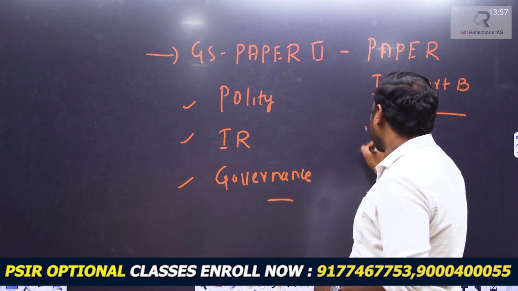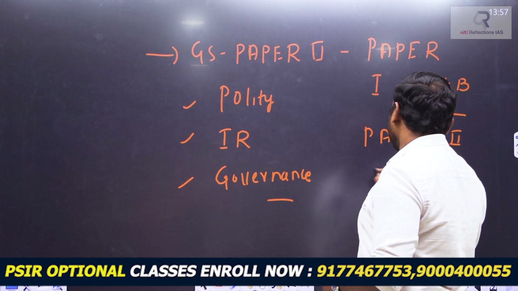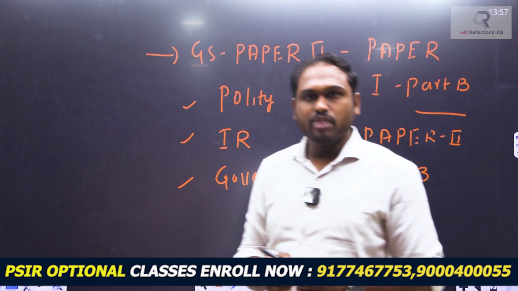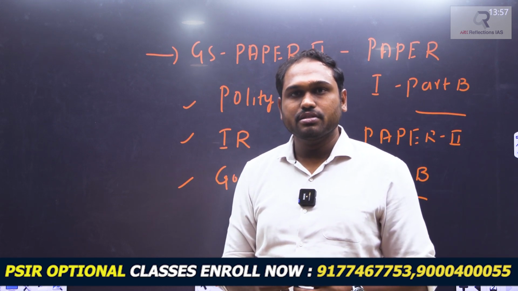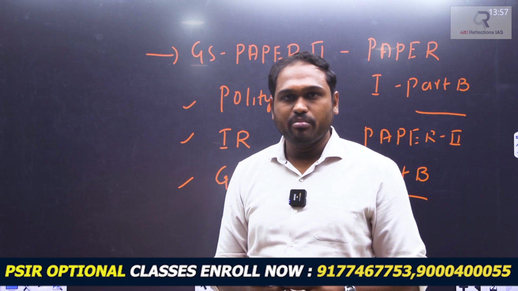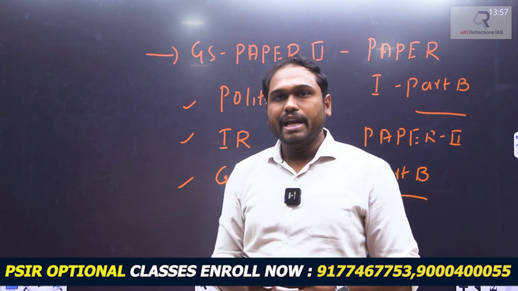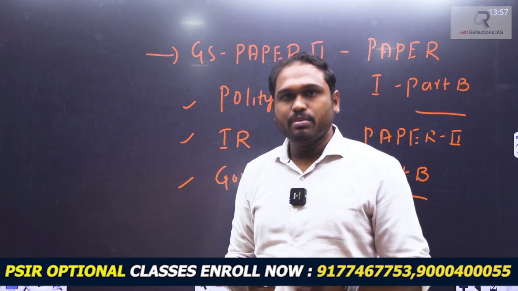Besides that, if you take PSIR paper 2 part B, it is all about Indian foreign policy, international relations, that is relations of India with other nations. International relations is very important, a component of paper 2 part B. So this is how we are aligning the PSIR syllabus with GS paper 2.